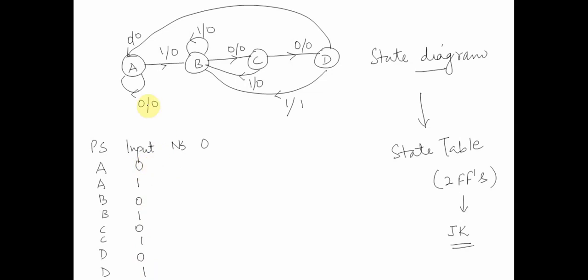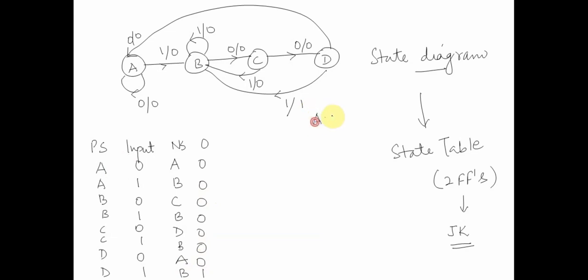If my present state is A and input is 0, my next state is A, output is 0. Here it's B with 0, here is C with 0, here it stays in B with 0. C and 0 we move to D with an output 0. C and 1 we move to B with output 0. D and 0 we move to A with output 0. D and 1 we move to B with output 1. Correct?